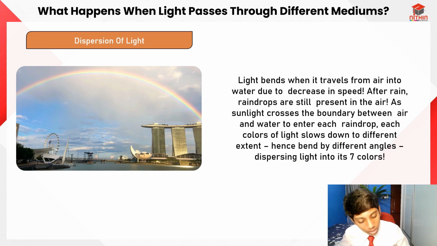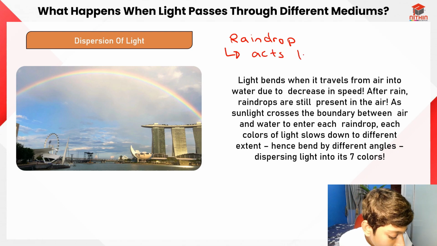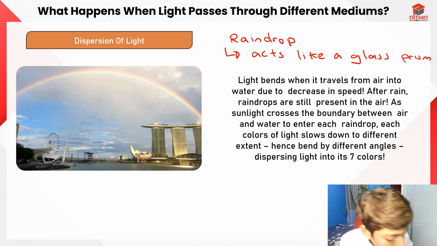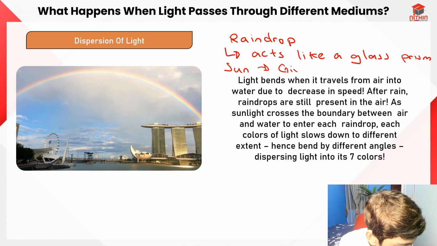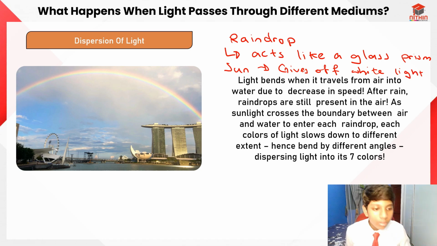What this actually means is that the raindrop acts like a glass prism, and the sun gives off white light. So I hope you understood that.